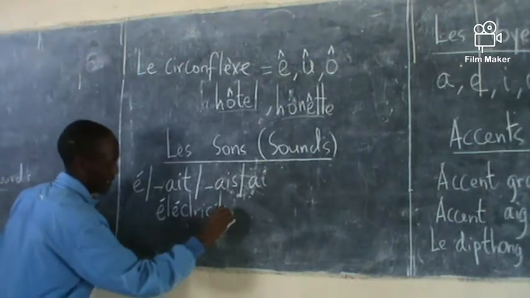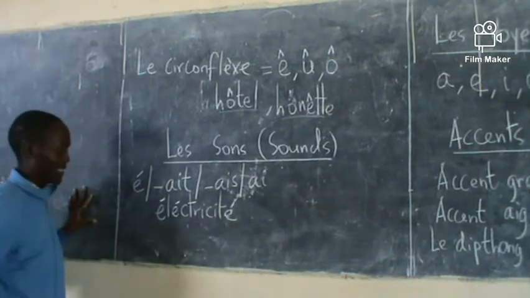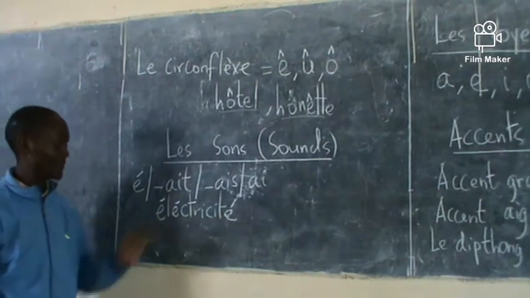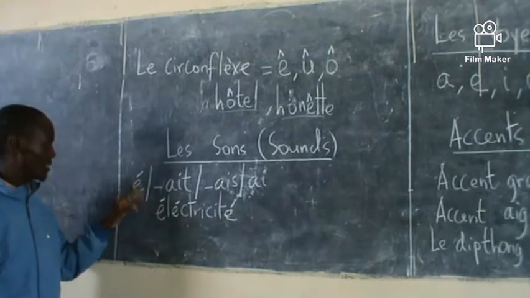Definitely that one means electricity. So we say électricité. Note the position of accent aigu here.